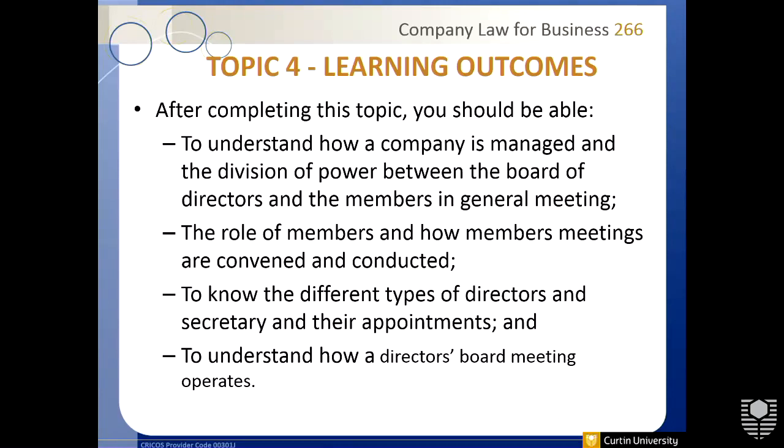And we have members in the general meeting who would then run this company together. However, the management decision of a company rests with the board of directors. So this is what we're going to look at: who has what type of powers, can each of these organs usurp the other's powers, and where do you find these powers.